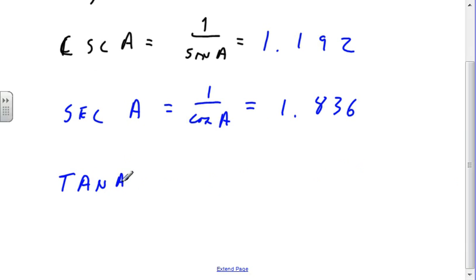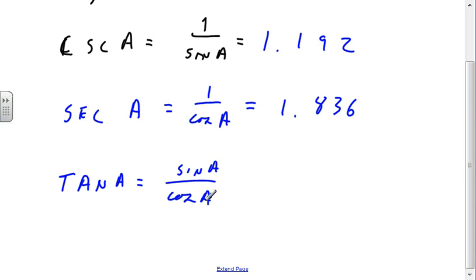which is going to be sine A over cosine A. Do we know that? Did the author tell us that? I don't know if the author ever told us that. I wonder if it's true. Okay. 0.8387 divided by 0.5446.